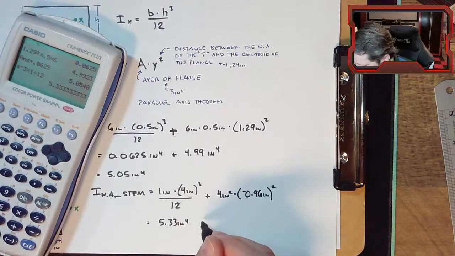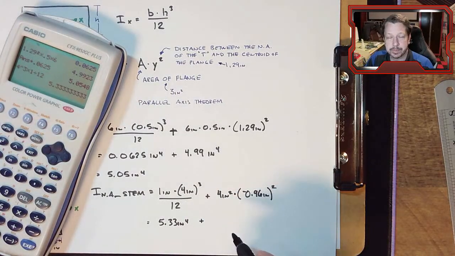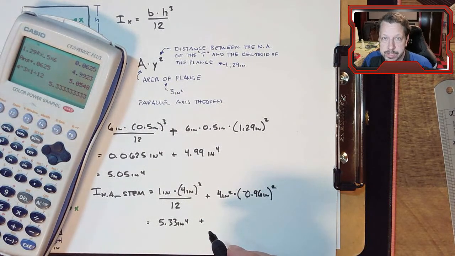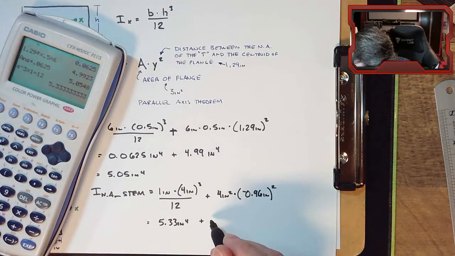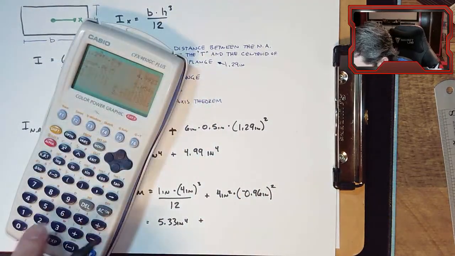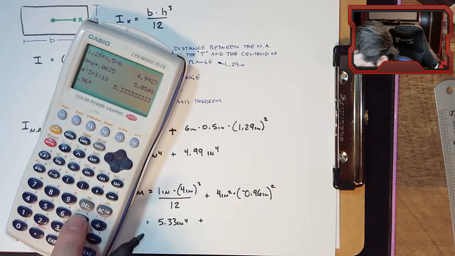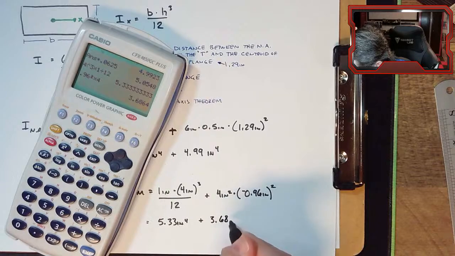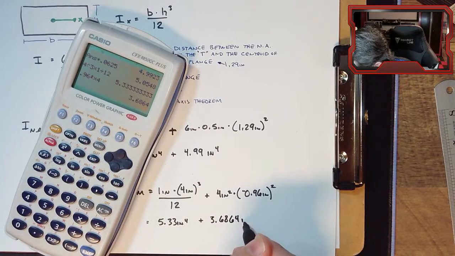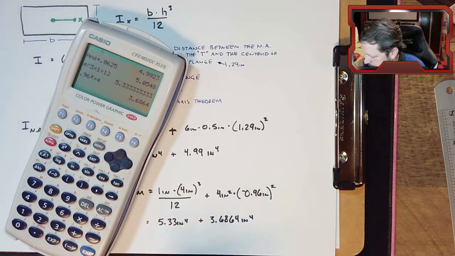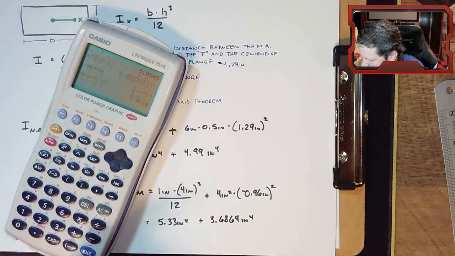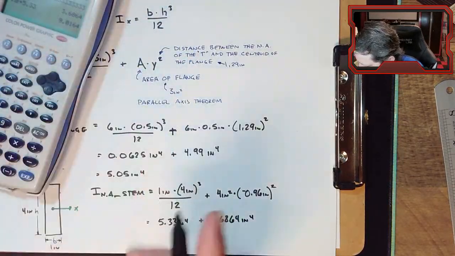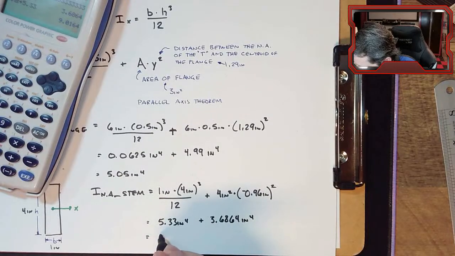Now we're going to add in the fact that we've moved it away from the neutral axis for the T, and that's going to be 0.96 squared times 4, another 3.6864. We add these two together and we get 9.01, or 9.02 actually.